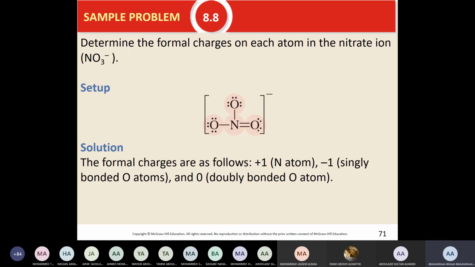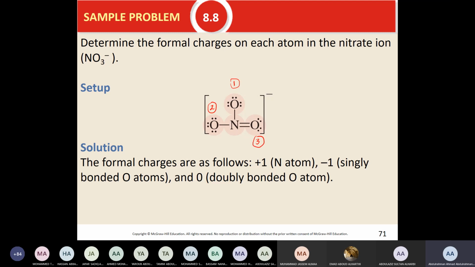Now, very quickly, let's determine the formal charge on each atom in here. This is the structure of NO3 minus. I'll call this one oxygen 1, oxygen 2, and oxygen 3.